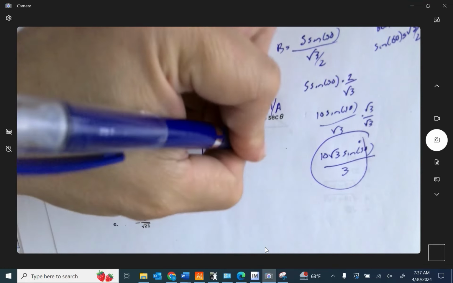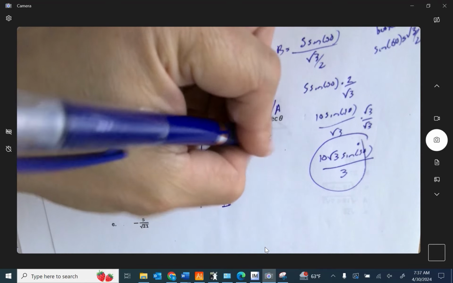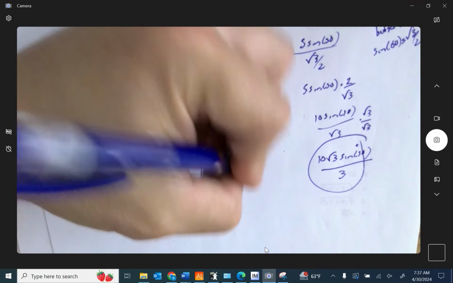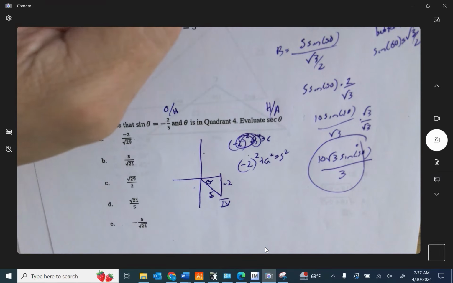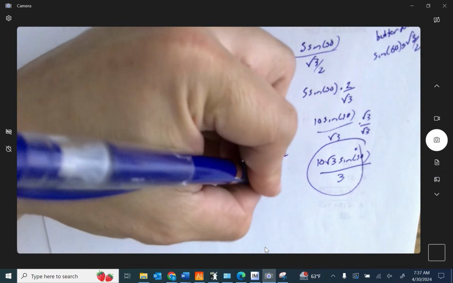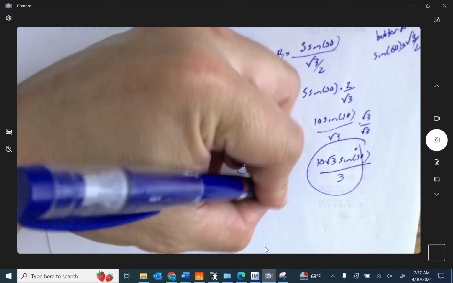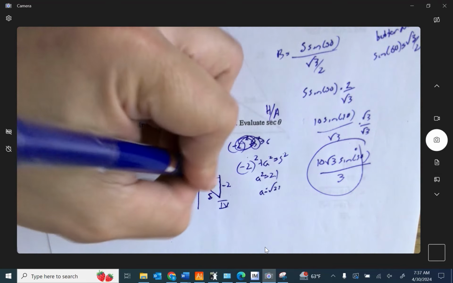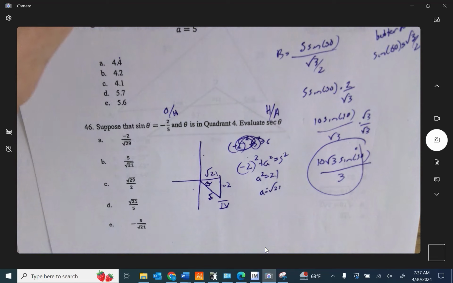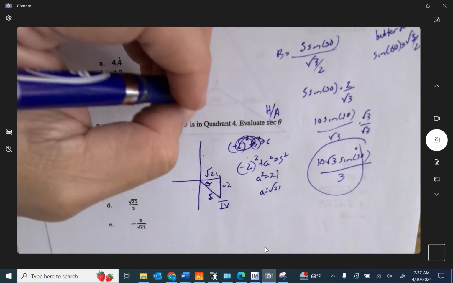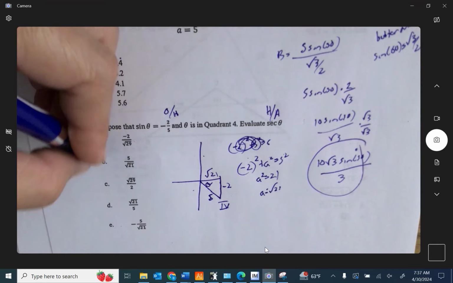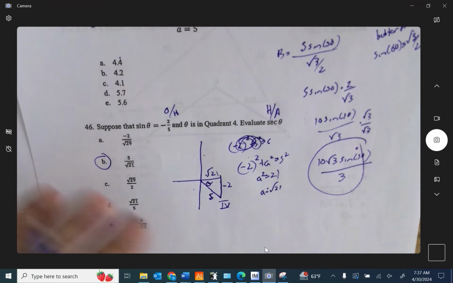Negative 2 squared plus a squared is 5 squared. 2 squared is 4, 5 squared is 25. Difference is 21, so a is the root of 21. Direction matters, it is positive. So now I can do the secant ratio. The secant ratio is hypotenuse over adjacent, which is 5 over root 21. They didn't even clean it up.